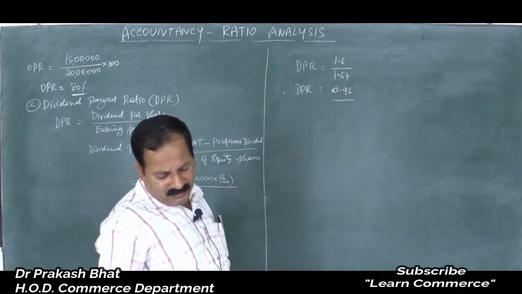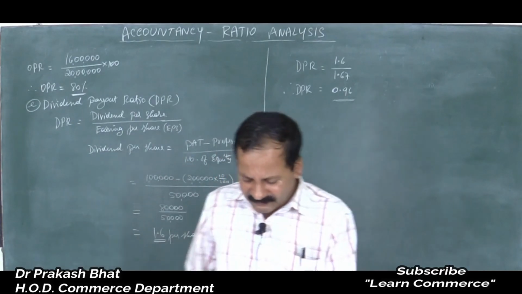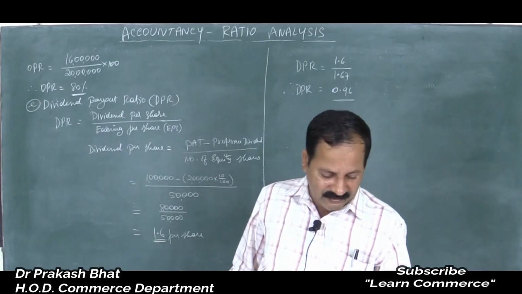Let us move on to the last ratio of this problem, that is book value per share. Correct.